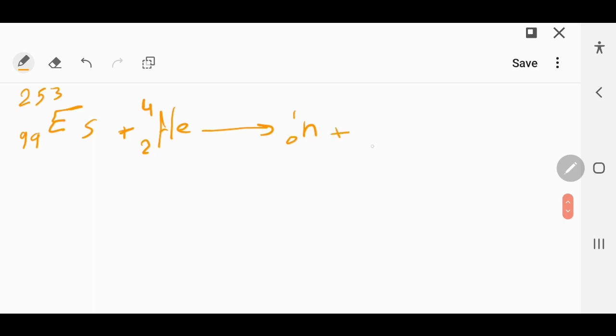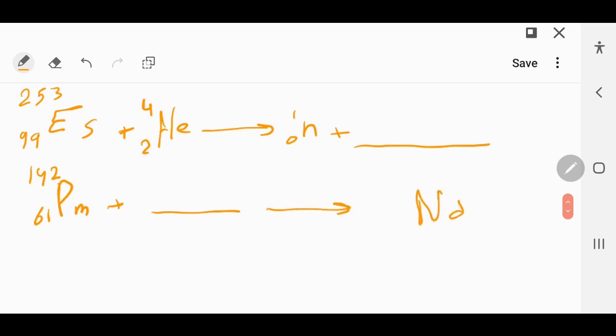And the other one, Pm 61, 142 plus an unknown particle to form Nb 60, 142.